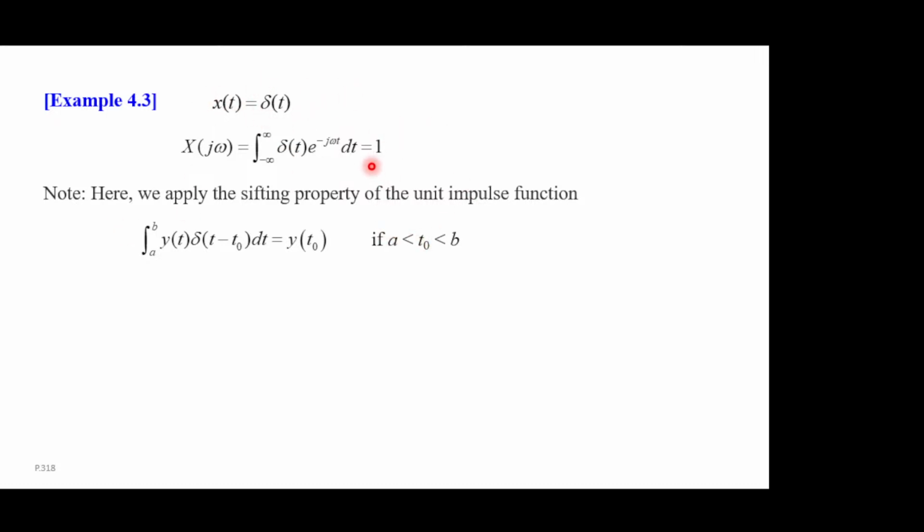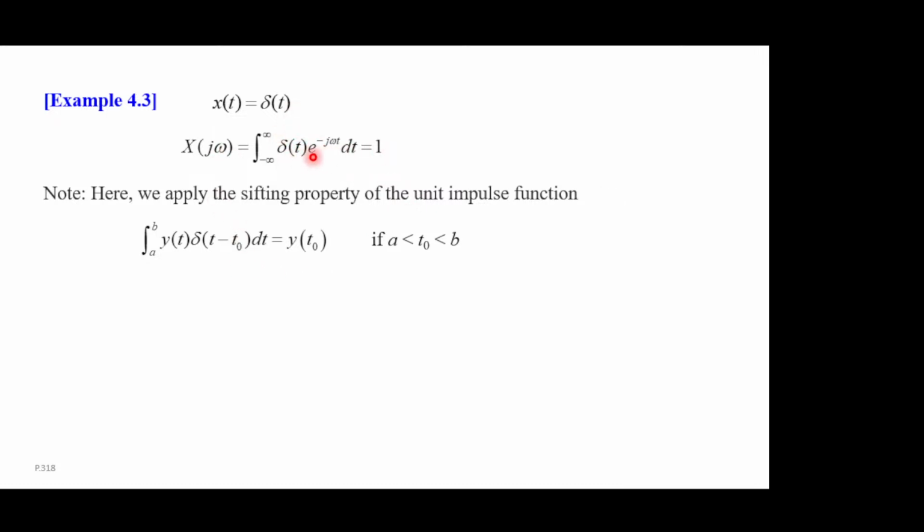So you can think a little about what happens if you have delta of t minus t0. Very quickly, anyone want to answer: what's the Fourier transform of delta of t minus t0? Okay, yeah, so that will be very similar.